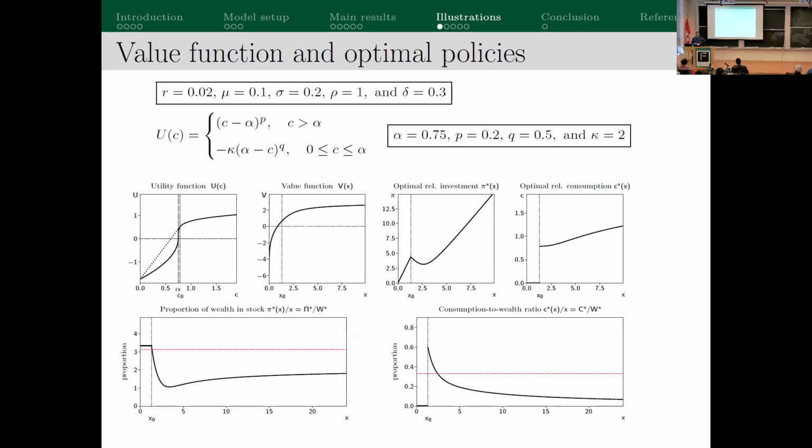You want to compare it with other models. You cannot compare the relative wealths directly, but what you can do is divide pi by x, which is relative wealth, then h cancels out, and that is going to be the ratio of pi star divided by w, which for Merton would be constant. So these red things are Merton policies, and now you can compare these policies with that.